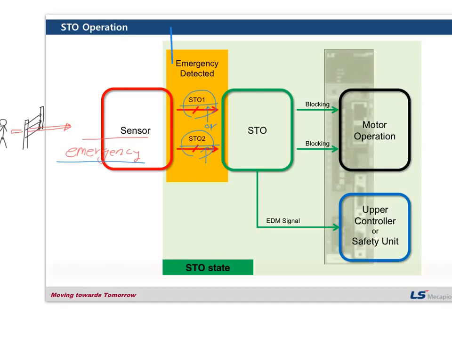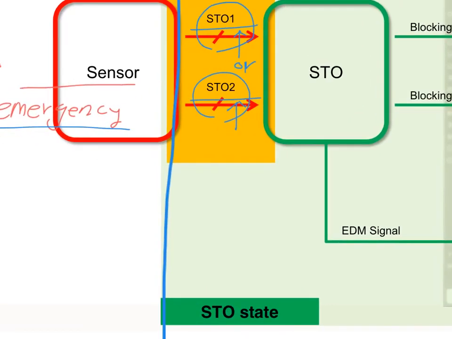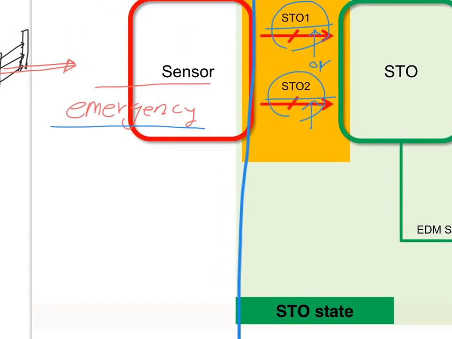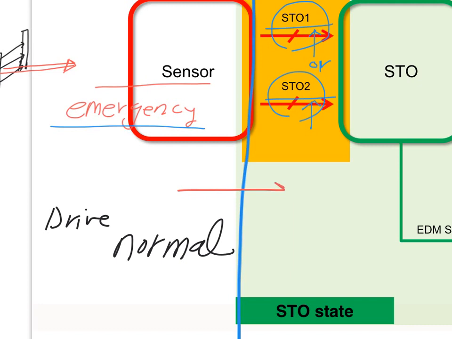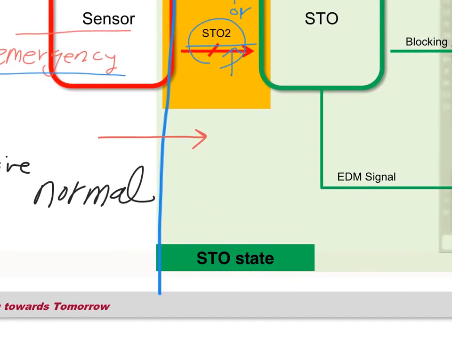You see, before the sensor detects an emergency, the drive state is just, you can say, normal. However, when it detects an emergency, the drive state switches to STO state.